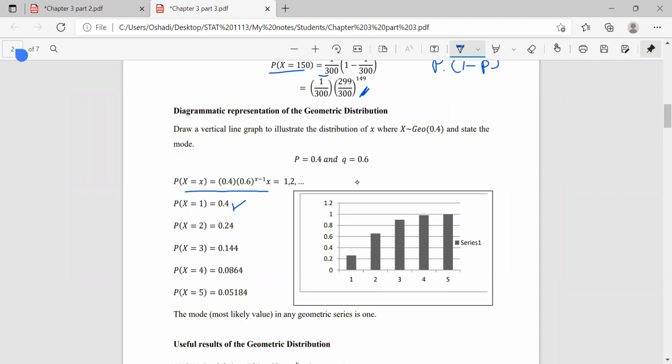Now it becomes 0.4 times 0.6, which is 0.24. And the probability that the third trial is the first success is 0.4 times 0.6 to the power X minus 1, which is 3 minus 1, so 2. So it is 0.144.